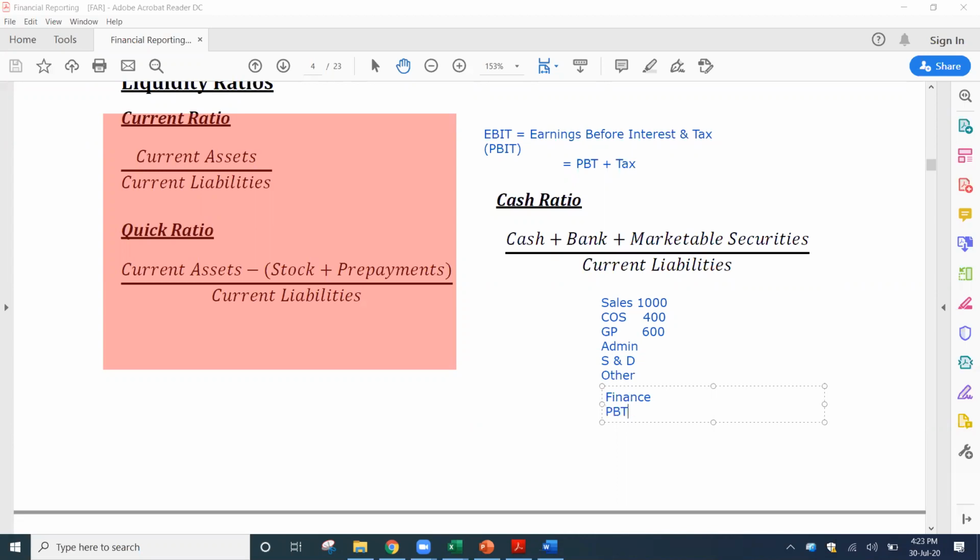Then the answer will be profit before tax. Then tax, and then profit after tax. Okay. So this is a draft income statement.